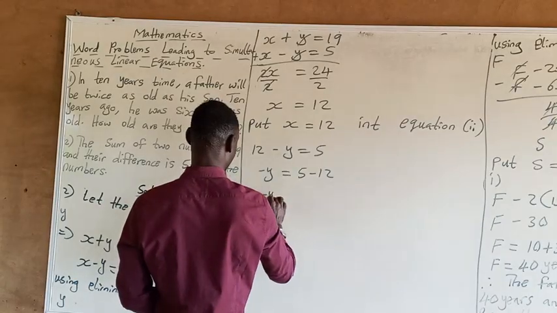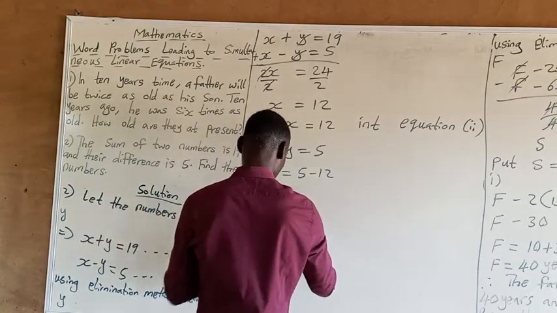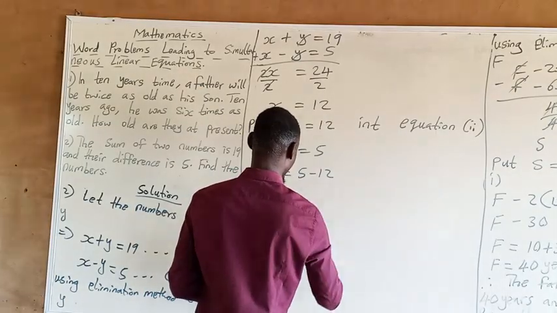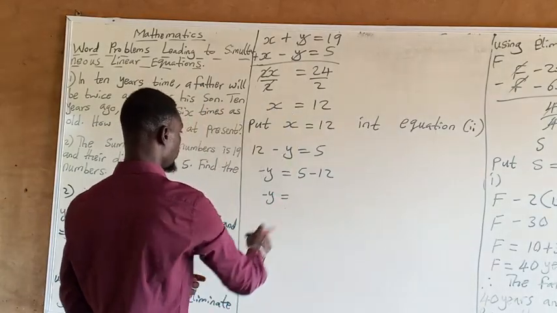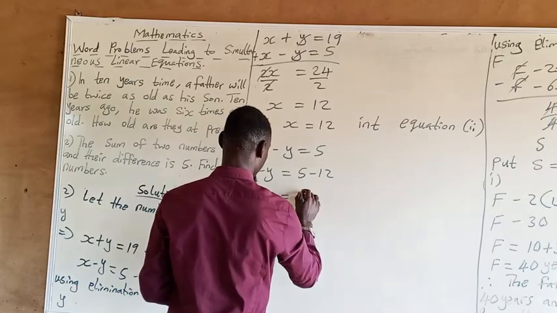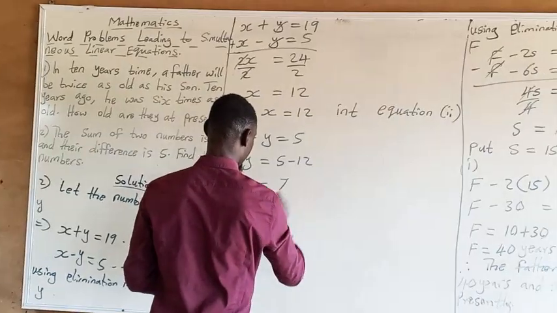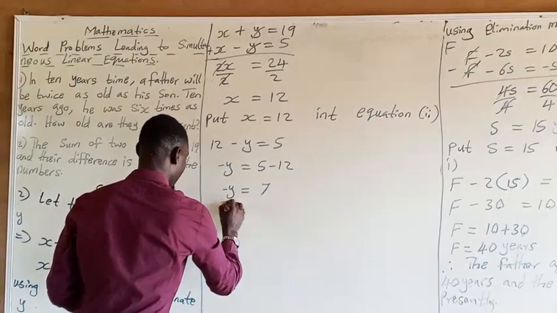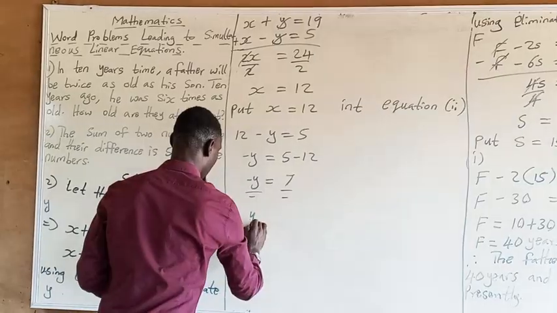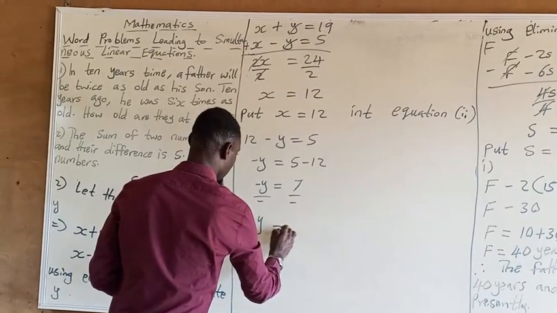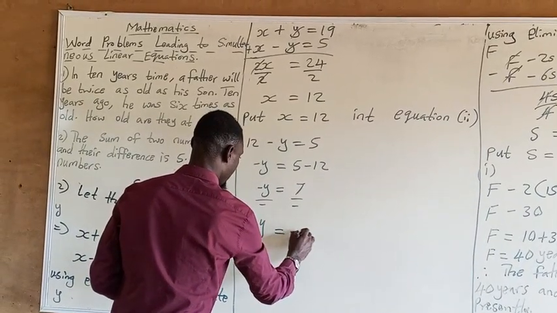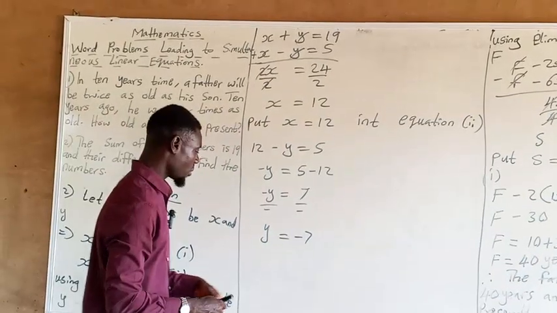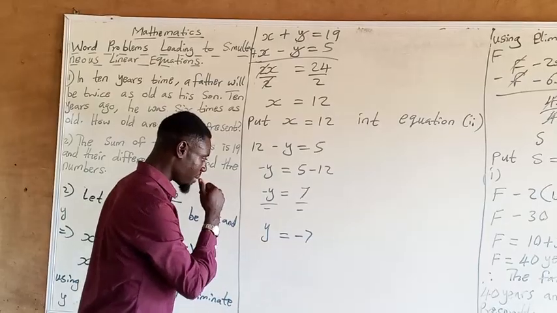We have minus y is equal to, if you take away 12 from this, you have minus 7. Okay, so divide both sides by negative. You have y is equal to minus 7.